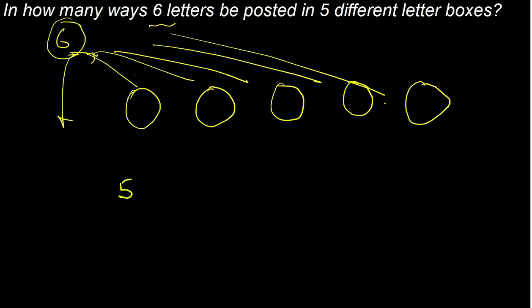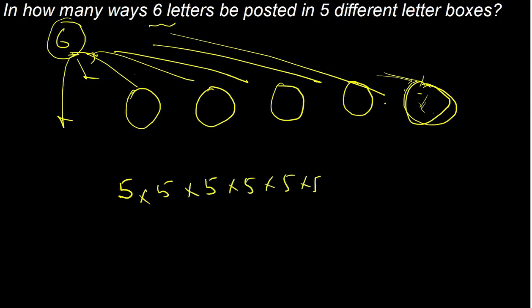Then how many options does the next letter have? Sometimes there is a misconception that once a letter box is filled, you cannot use it again. But it is a letter box, and you are just putting letters in it. So the next letter also has the same 5 options, and so on: 5, 5, 5 and 5.